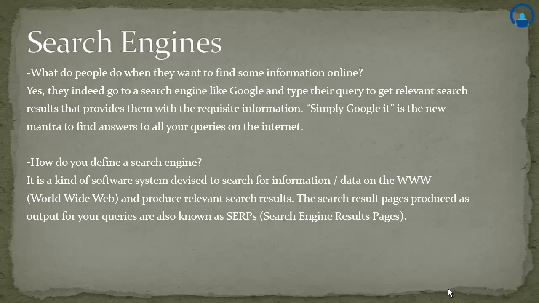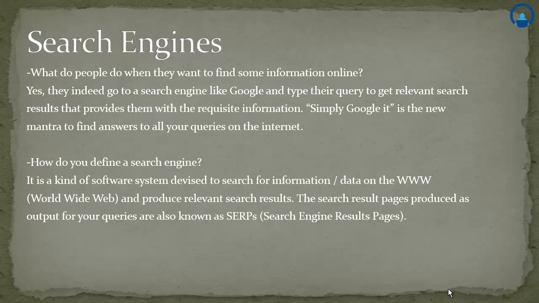So what do people do when they want to find some information online, that is on the internet, when they are browsing? Yes, you're right. They indeed go to a search engine like Google or Yahoo or Bing and type their query to get the relevant search results related to the information that they are seeking, and these search results provide them with the required information.